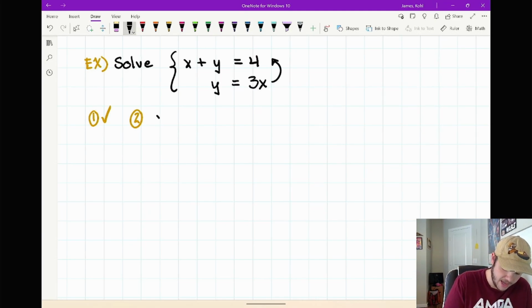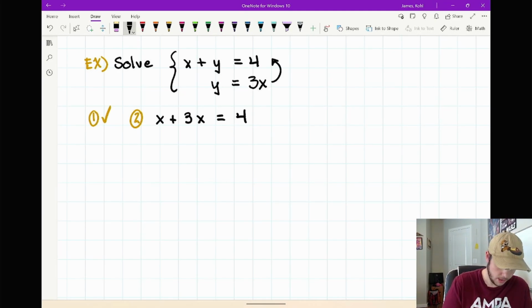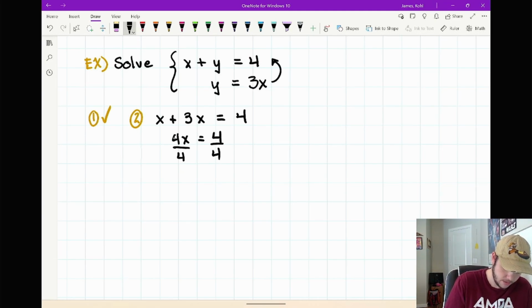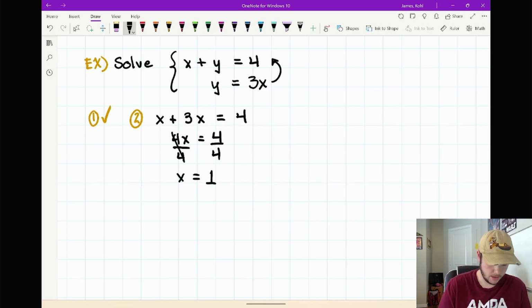And that's going to give me x plus y, but remember y is 3x according to the bottom equation, is equal to 4. Combining like terms, I get 4x equals 4. And then I divide both sides by 4 to give me that x is 1. Step 2 and 3, check.